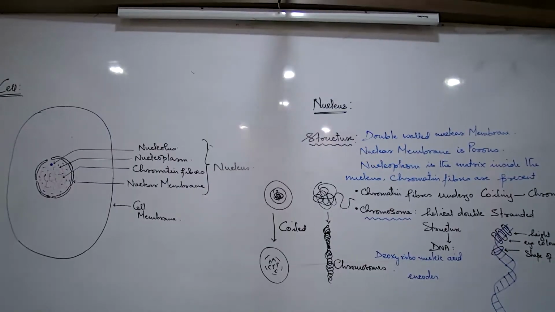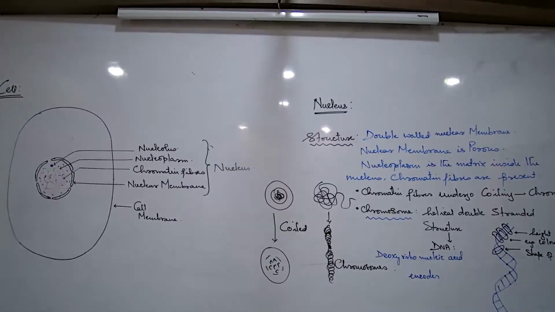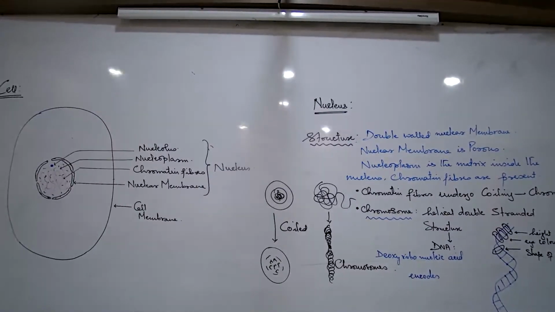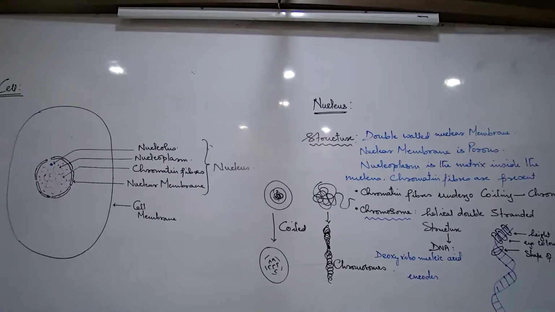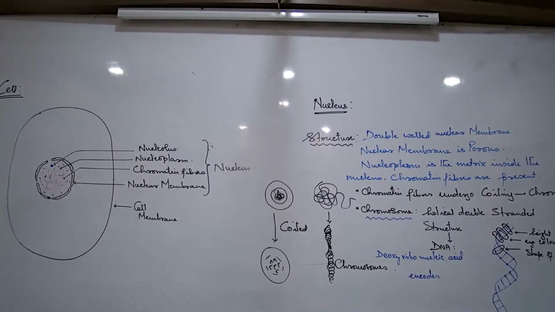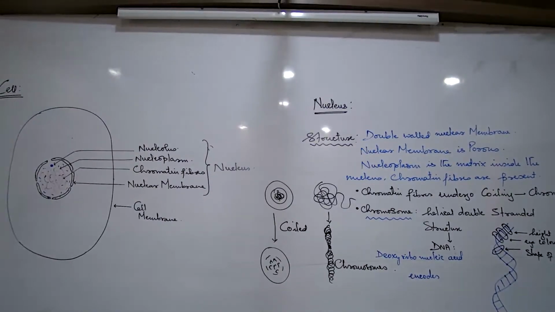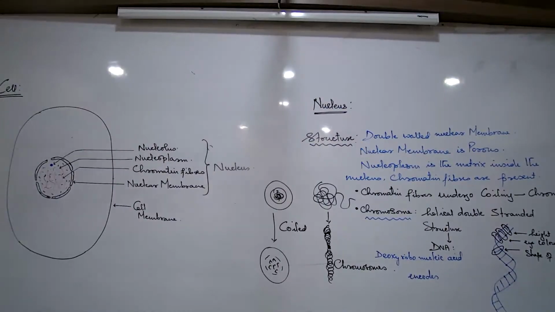Under chromatin: extensively long, thin, thread-like structures present in the nucleus.